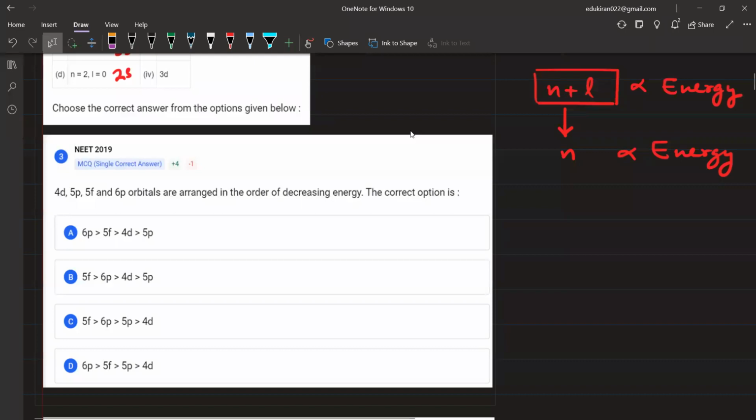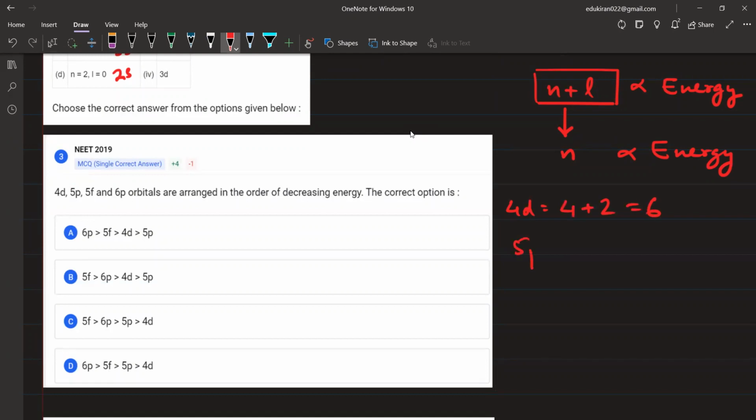What is n plus l? N is the principal quantum number. That is 6, 5, right? All of these things: 4d, 5p, 5f, and 6p. These are the principal quantum numbers. Okay, and they are asking you to arrange them in the decreasing order of their energy. So what will 4d be? 4d will be 4 plus, what is the l of d? 3 or 2? 2, right? So this will be equal to 6.